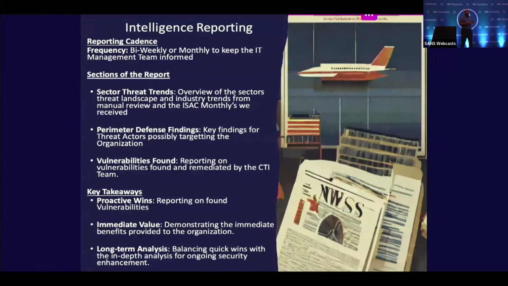The perimeter defense findings are more internal logs, as I stated before, about the email security solutions or your SIEM, and being able to look at these threat actors and put them on those reports, and also vulnerabilities found. This is very important, because as you're doing your daily information gathering, you're seeing that these are threats being identified, and you're reporting them.